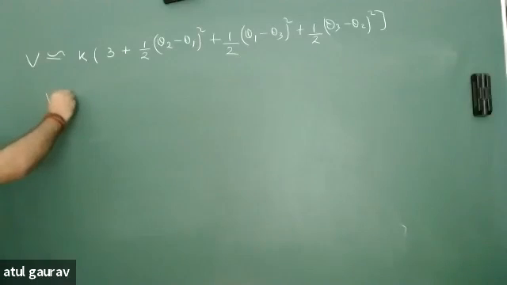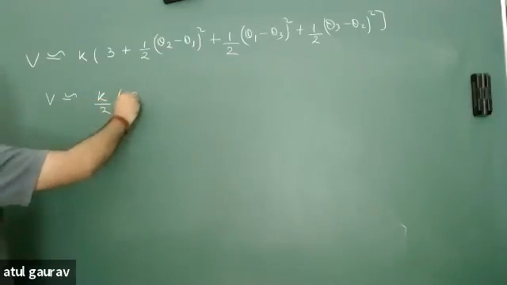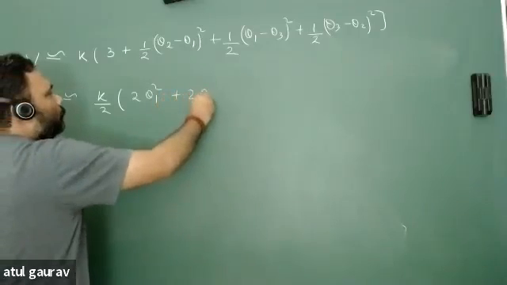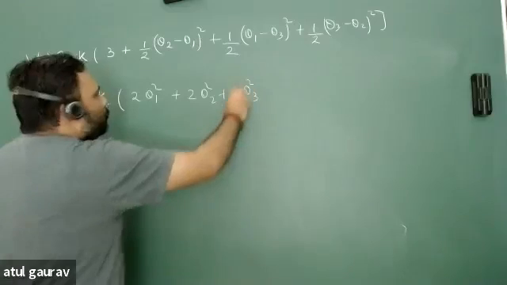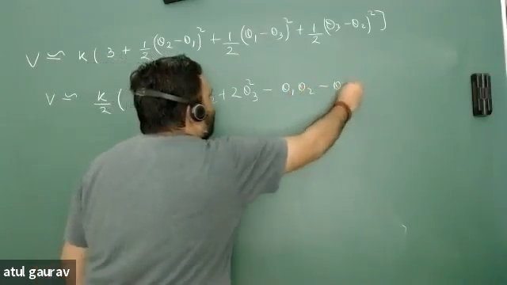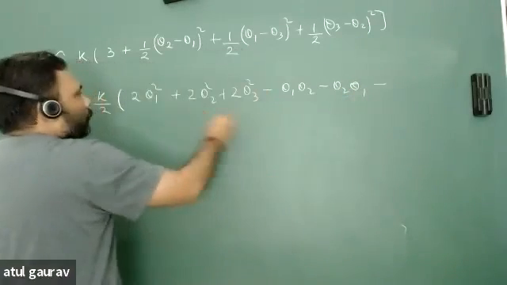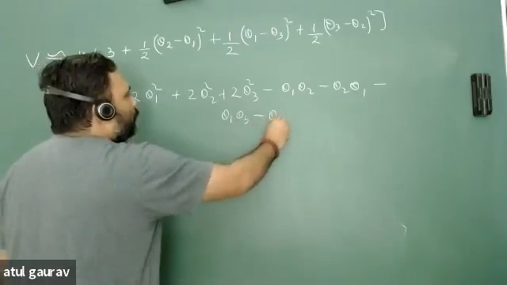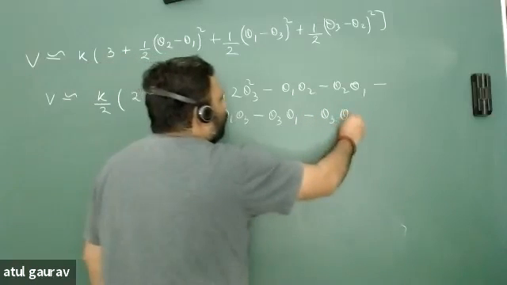So we can leave this part and go for K by 2 times 2 theta 1 square plus 2 theta 2 square plus 2 theta 3 square minus theta 1 theta 2 minus theta 2 theta 1, minus theta 1 theta 3 minus theta 3 theta 1 minus theta 2 theta 3 minus theta 3 theta 2.